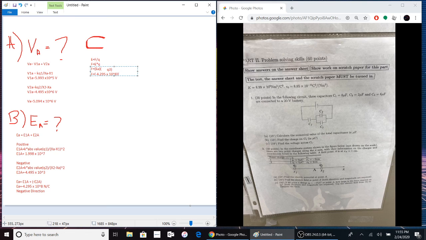Multiply that by Q3, which here is 15 times 10 to the negative 6th.